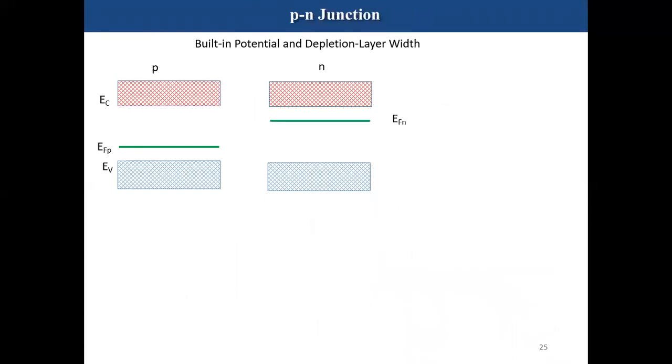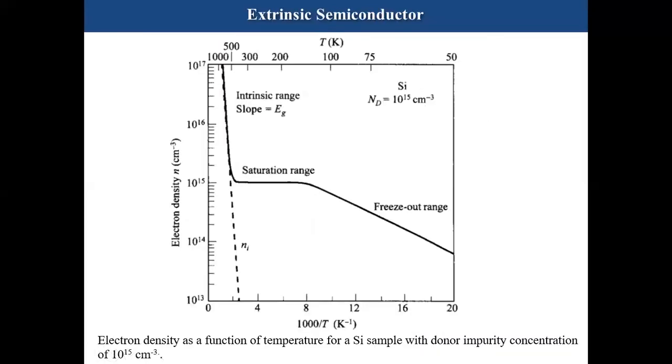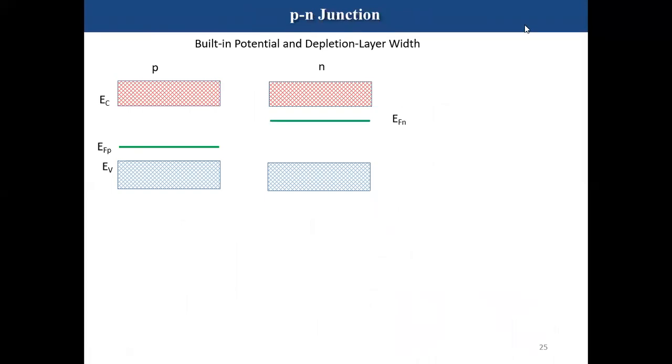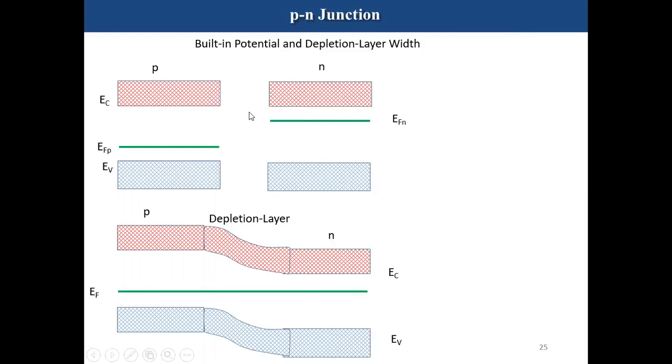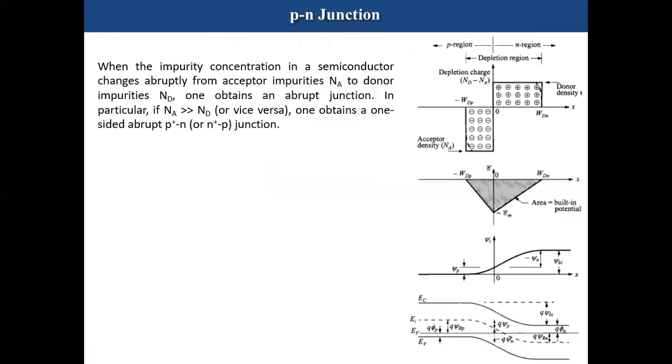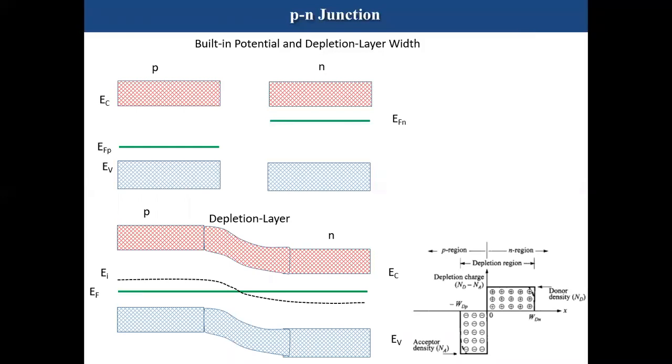Now this is more or less a familiar diagram, which is of a p-n junction. You have a p-type material and an n-type material, and you bring them close to each other. Because of the carrier injection across this layer, it starts creating a depletion region.